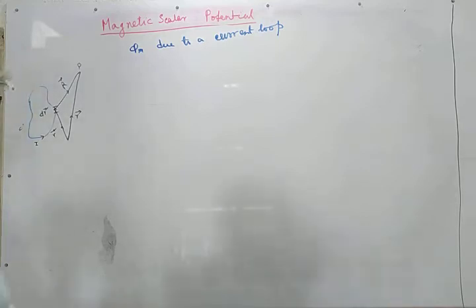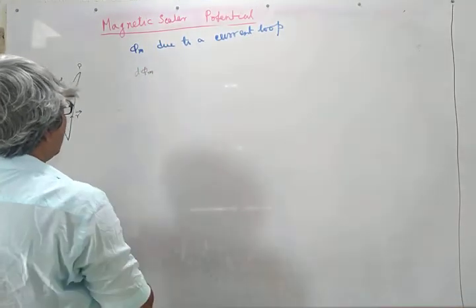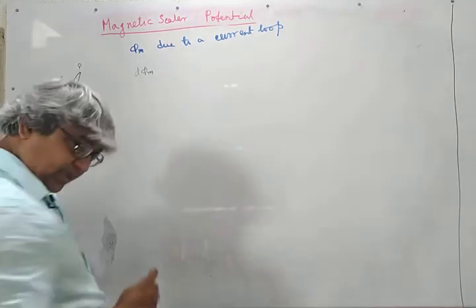We start with the fact that the change in scalar potential phi m is given by this.